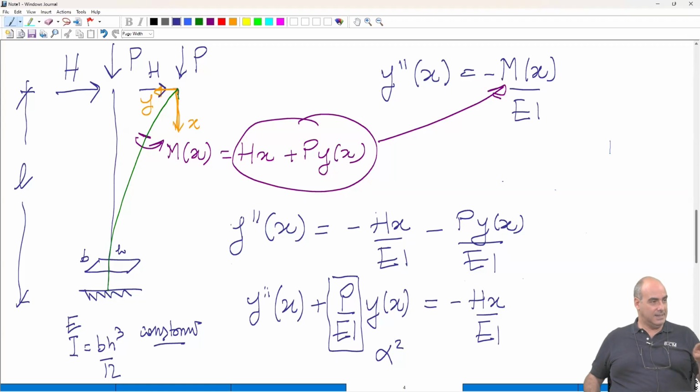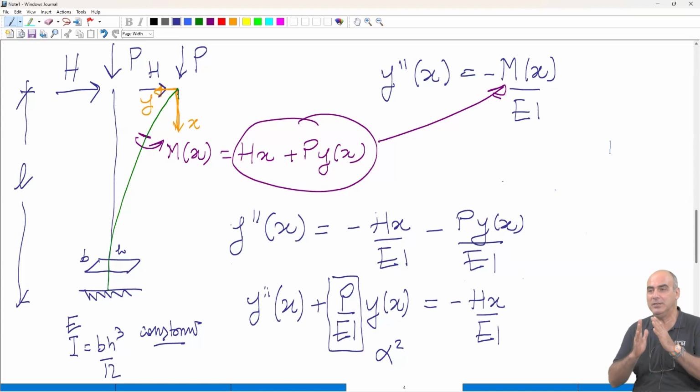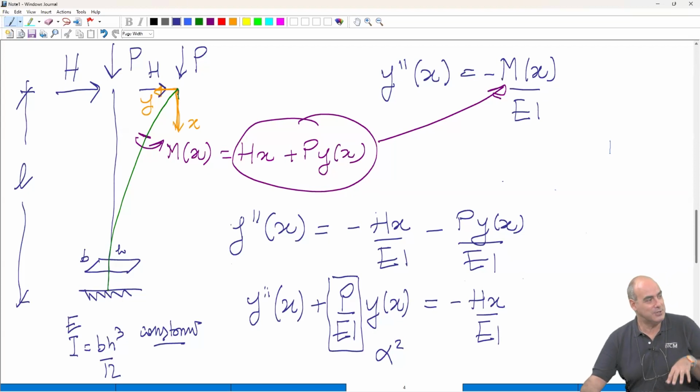Well, I will say that of these two, one is correct, the other is wrong. Because actually, we have to write the boundary conditions in the reference system. The reference system is moving with the top edge of the column. So in that reference system, the displacement at the top is always 0, because I am moving with the top edge of the column.